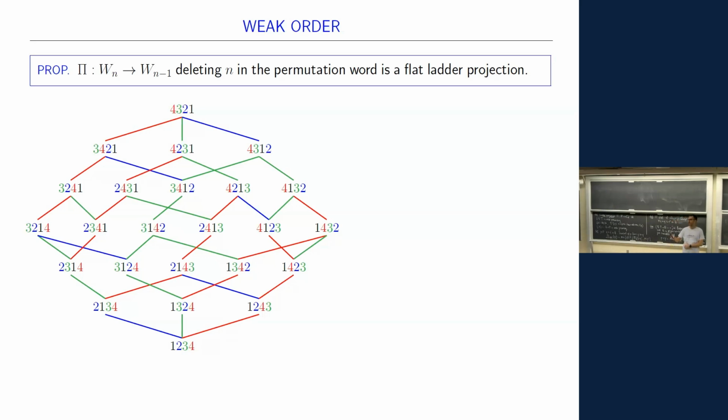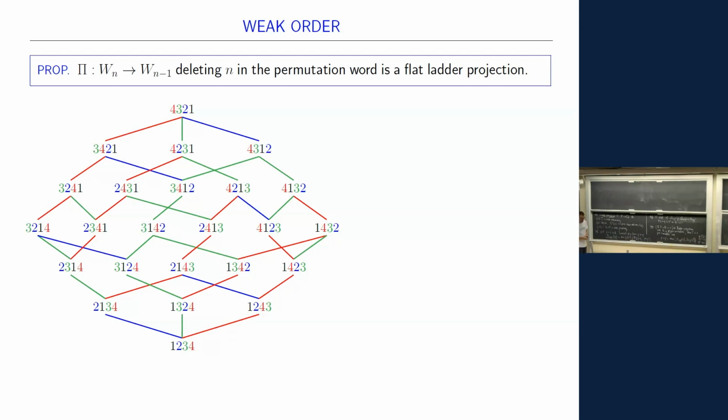So I erased 4, then I erased 3, and so on, so that at the two endpoints of these edges, when I erase this number, I see the same thing. So for example, this edge is red, because if I erase 4, at both endpoints I see 1, 2, 3. This edge is green, because if I erase 4, I don't see the same thing, but if I erase 4 and 3, I see the same thing, and so on.